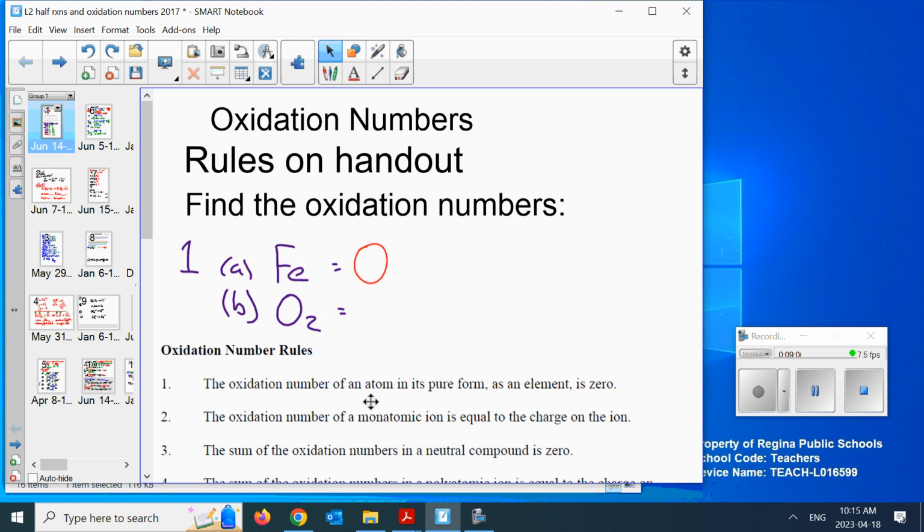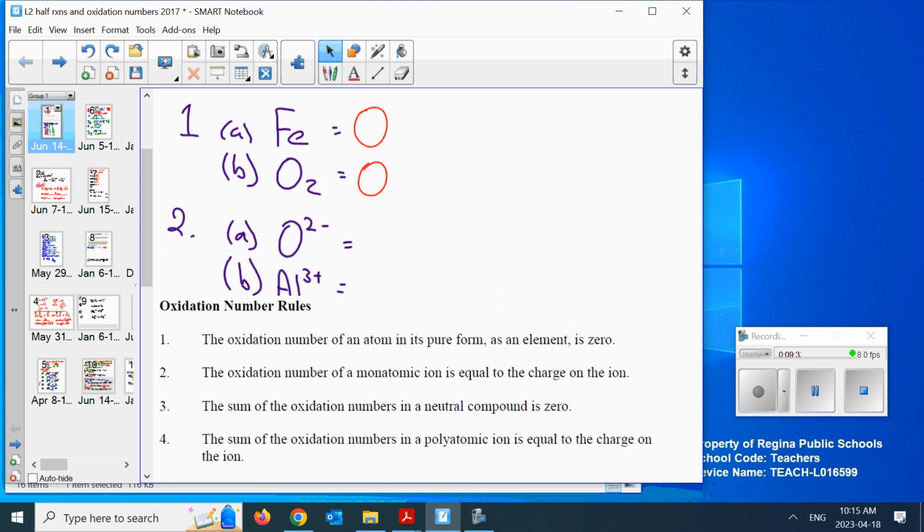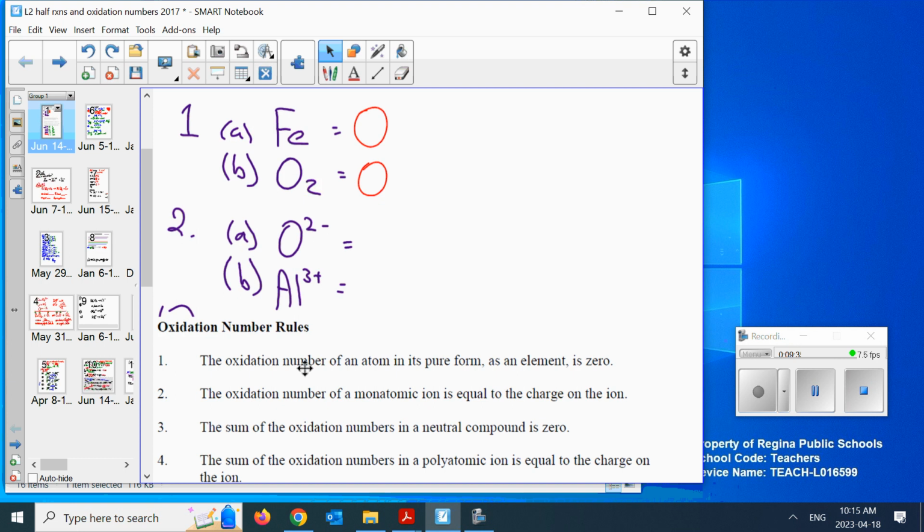Oxygen as an element is O2. It is 0 charge, even though it's in a group of 2. So we're going to write that down here. Be careful, in context you know which is a number, since the subscript looks just like O for oxygen. That's a 0. And I had to copy down 2 more. And this refers to the next rule.